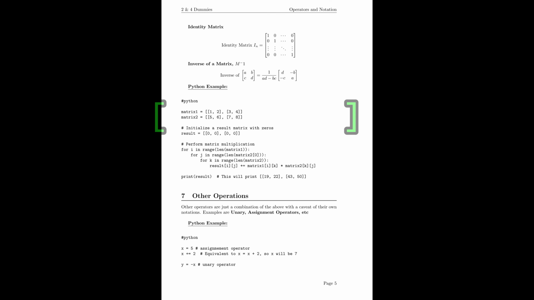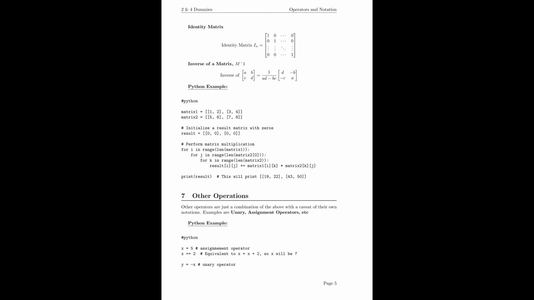So it is simply a nested list. To do the operation, we use a for loop, and we can simply verify that our answer is correct.